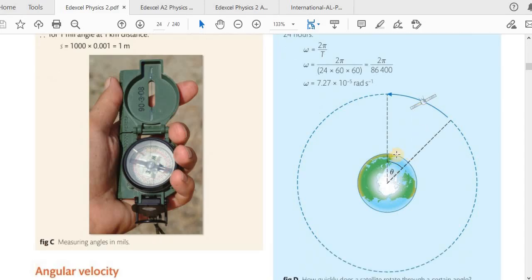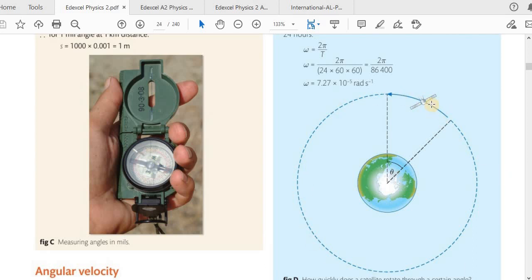So the Earth takes approximately 24 hours to complete one rotation. You know, one day is 24 hours. That is the time taken for the Earth to complete one rotation. Since the period of orbit of the satellite is also 24 hours, when the Earth completes one rotation, the geostationary satellite completes one orbit.